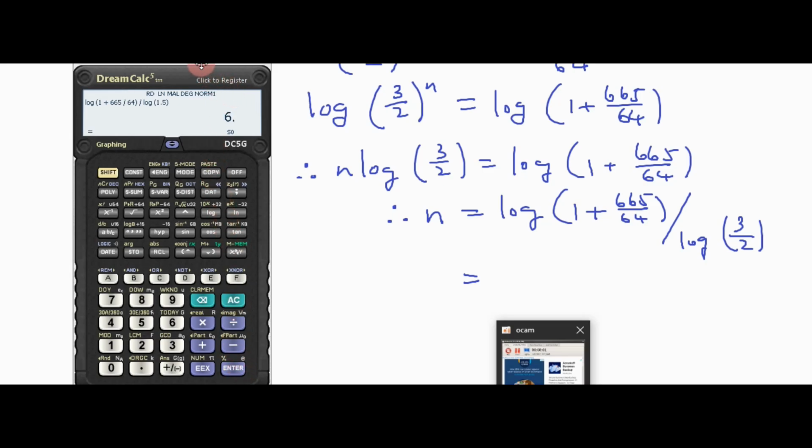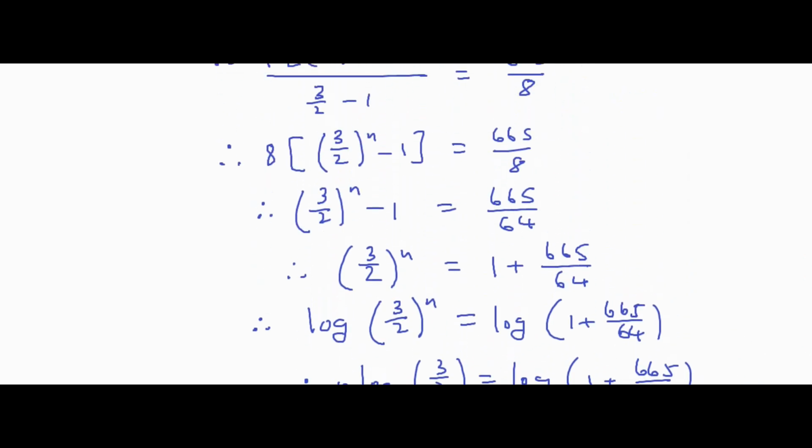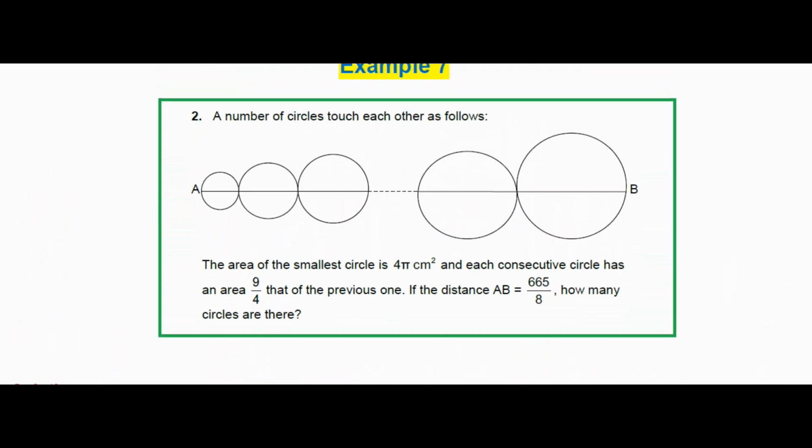And our answer comes to 6. So n equals 6. In this case, n is the number of diameters and hence also the number of circles.